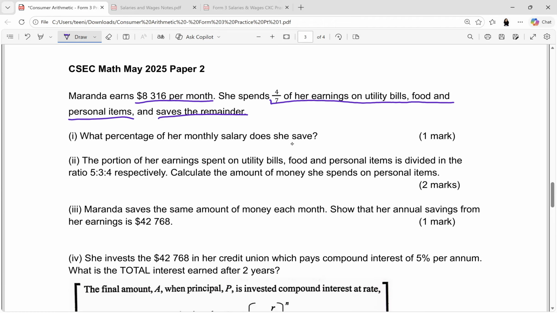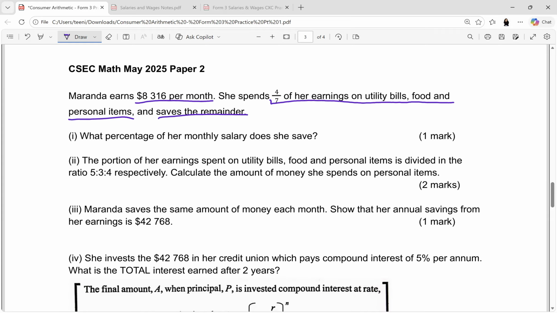Okay, and then what? And then minus it. Okay, that's definitely one way you could do it. And then you would find what percentage of her salary that is, right? Because it says she saves the remainder.